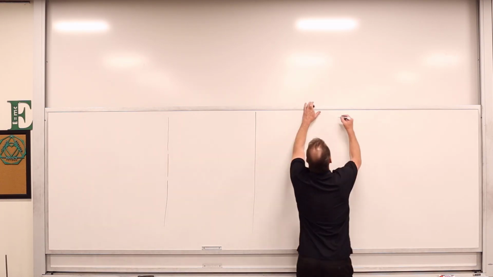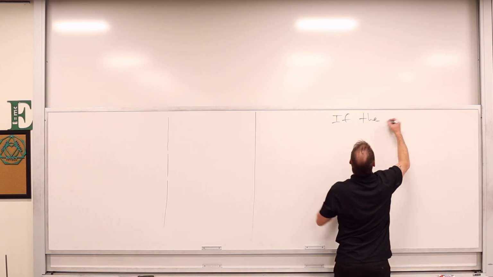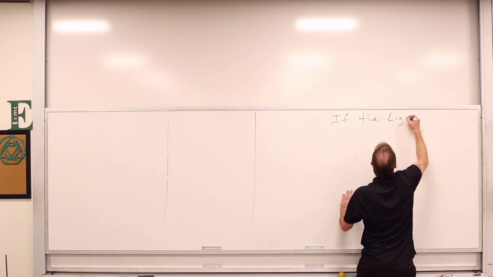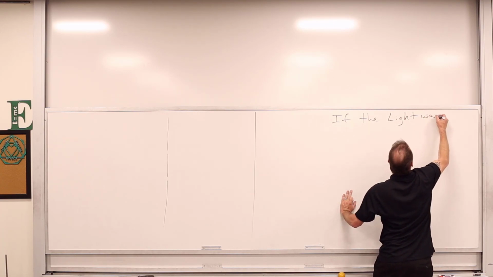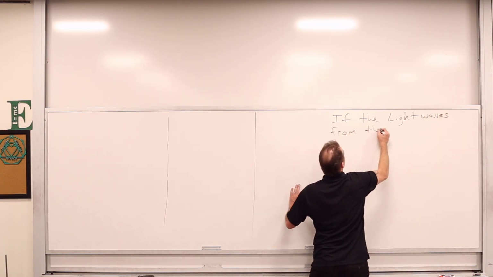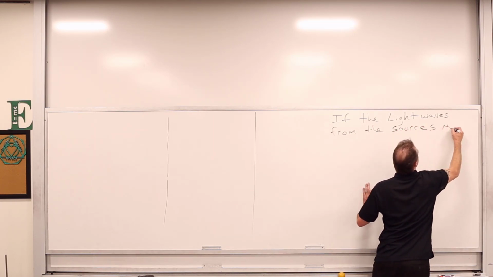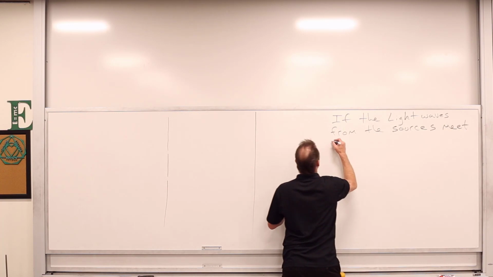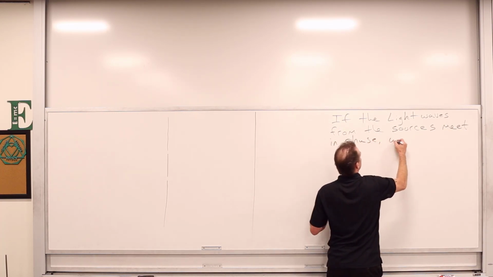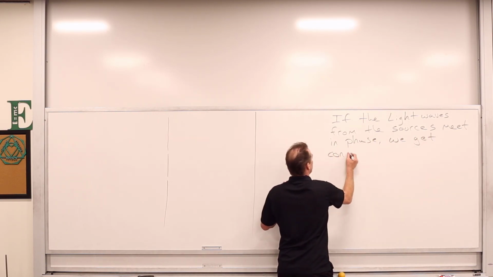So if the light waves from the sources meet in phase, we get constructive interference.